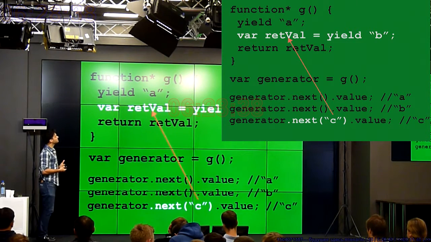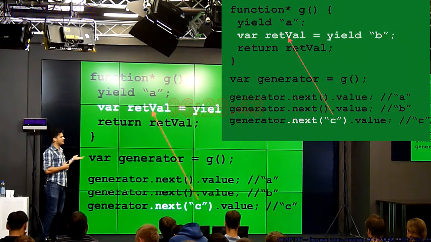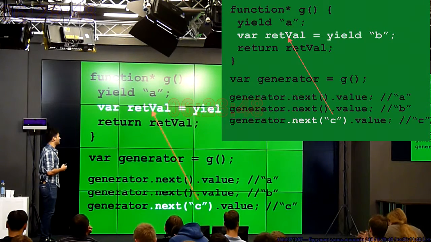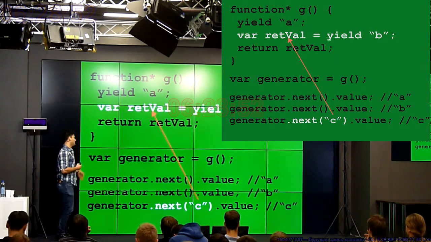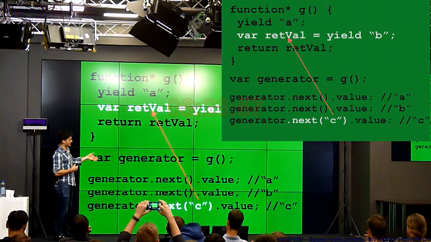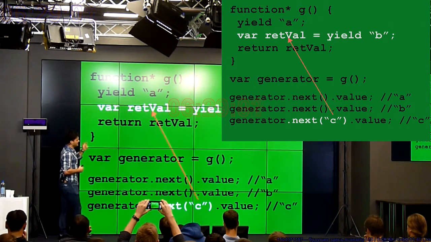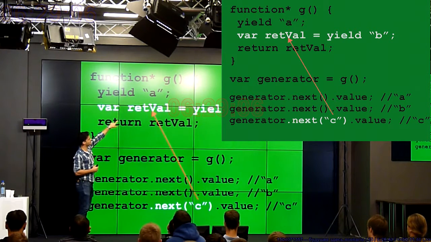But also, you can pass values out from the generator, and you can also pass values into the generator. In this example, you can see how the third time you call next on the generator, you can pass in a string, C. In that case, C gets associated to the value that the yield is defined on, red val in this case.